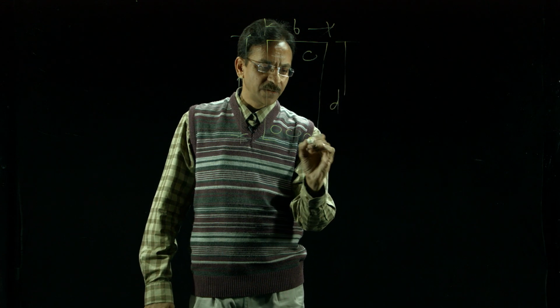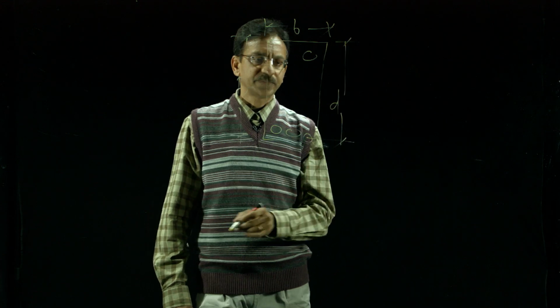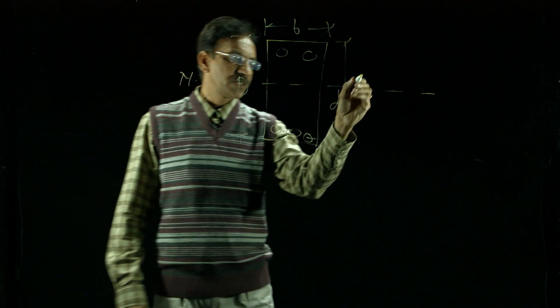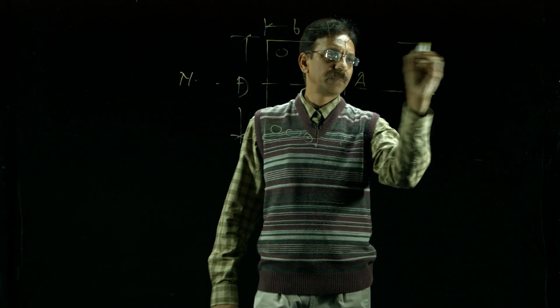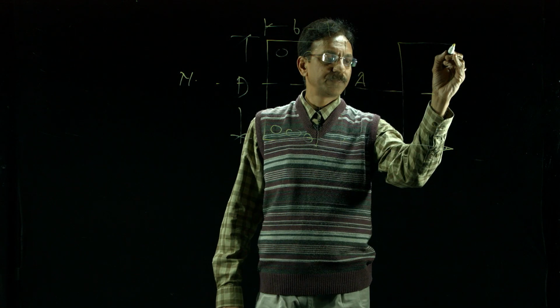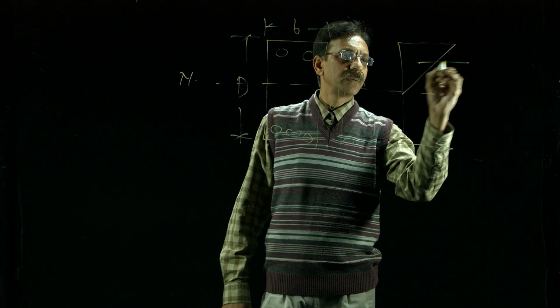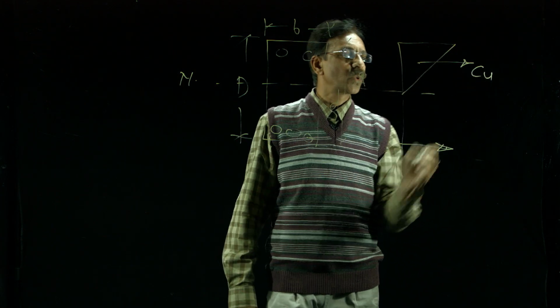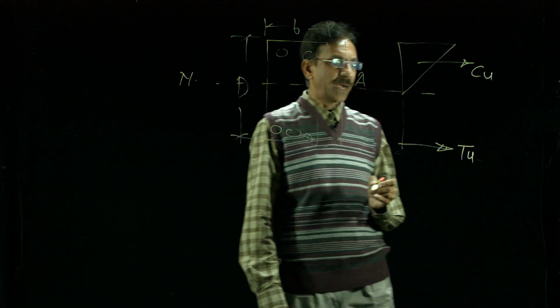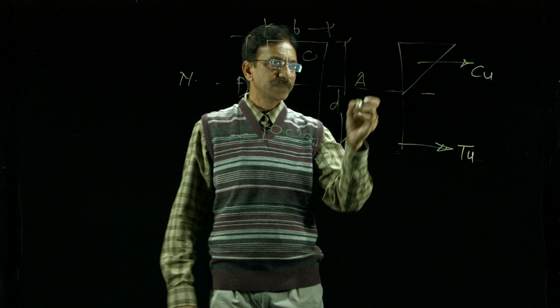This small d we call the effective depth. This is the position of the neutral axis. This is the total compressive force, of course the ultimate, and the total tensile force.